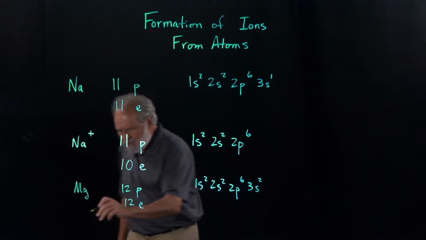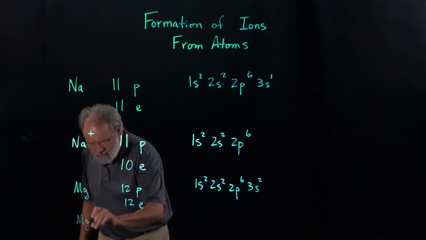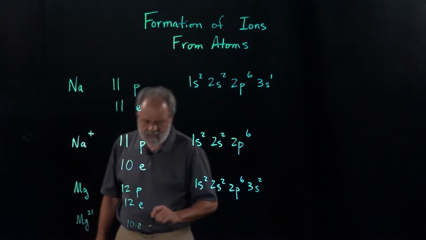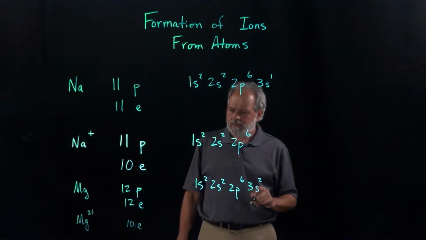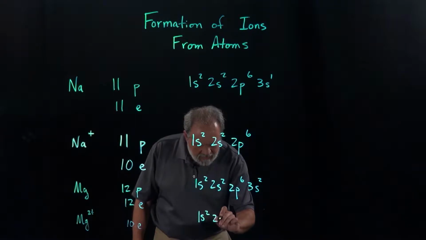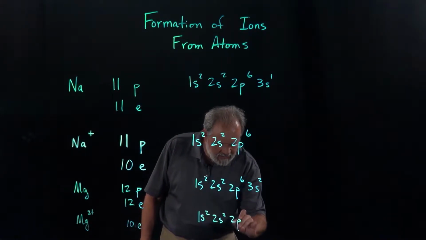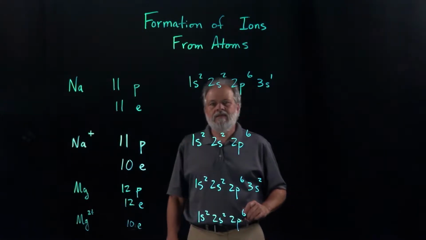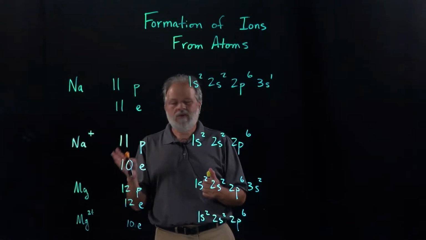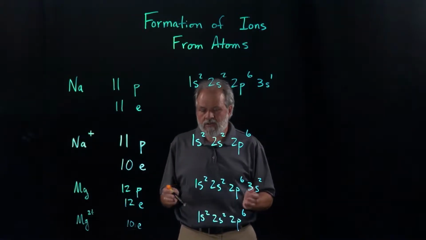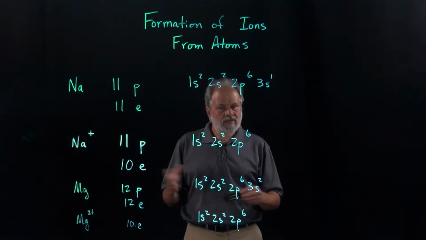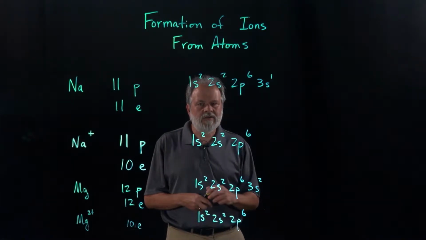So magnesium 2+ will be the ion that has 10 electrons instead of 12, and it'll have the electron configuration 1s2, 2s2, 2p6, full stop. And so neon atom, neutral, sodium cation, +1 charge, and magnesium dication, +2 charge, all have the same electron configuration.